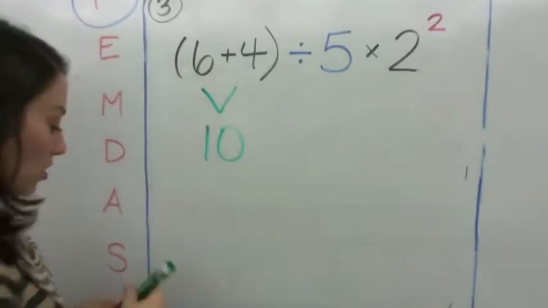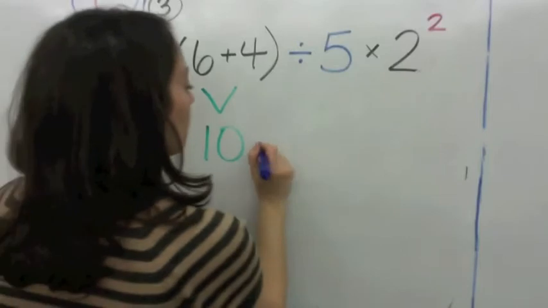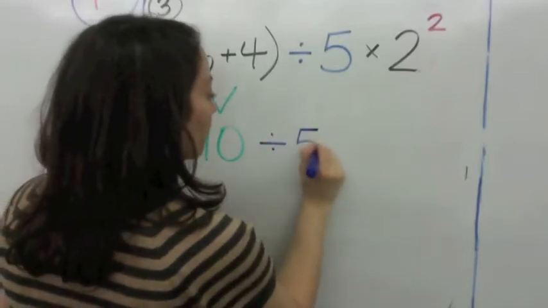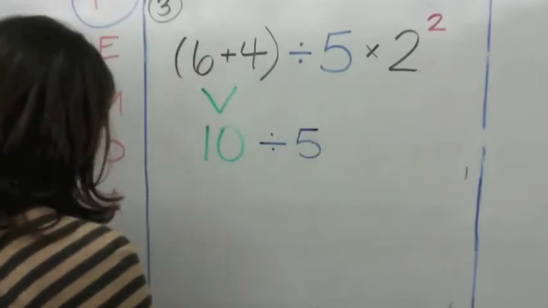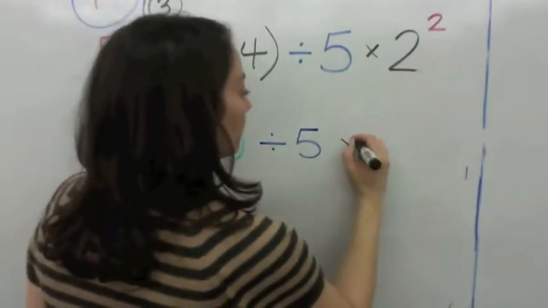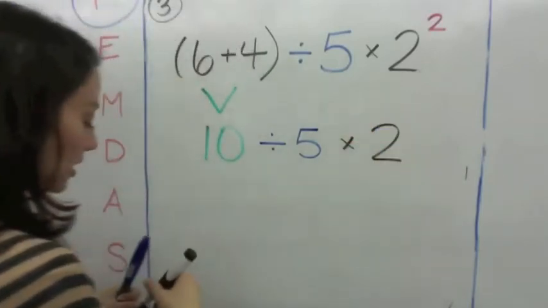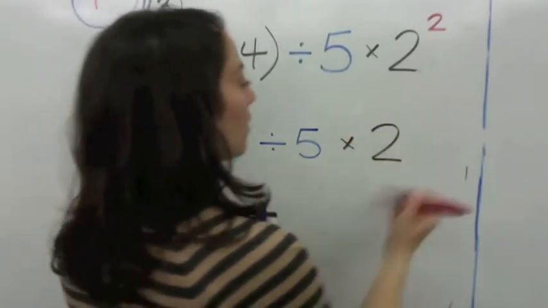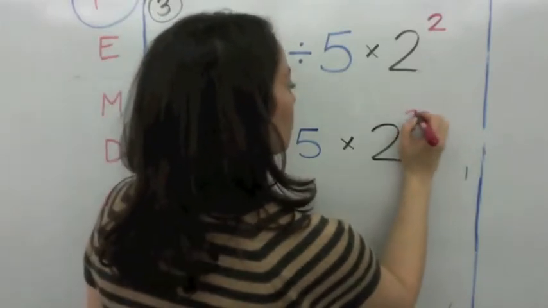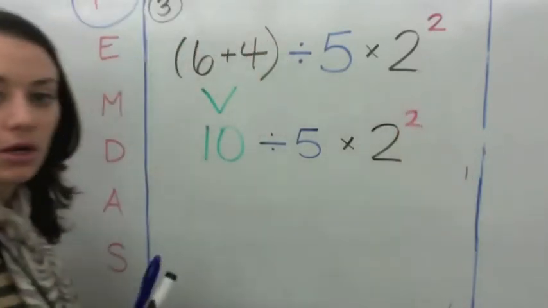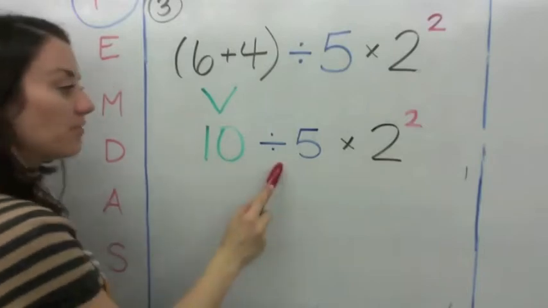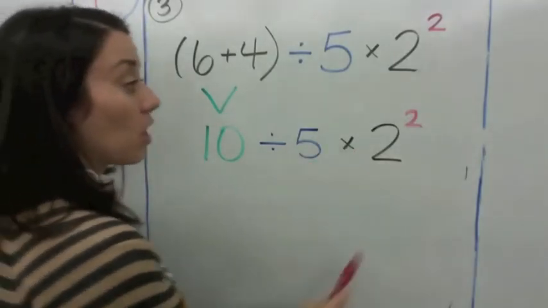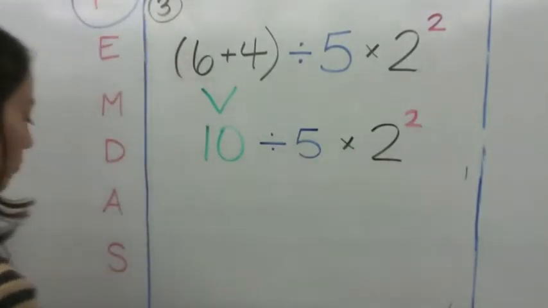Okay, so we have 6 plus 4 is 10, but then we have to divide by 5 and multiply by 2 squared. And I'm going to make the exponent red, just so you can tell. This is an exponent. It means 2 to the power of 2. All right. So then we have division and then multiplication, and we also have exponents. So what do you want to do first?